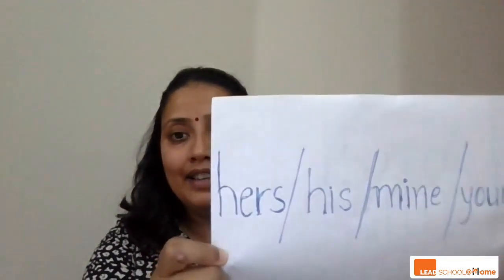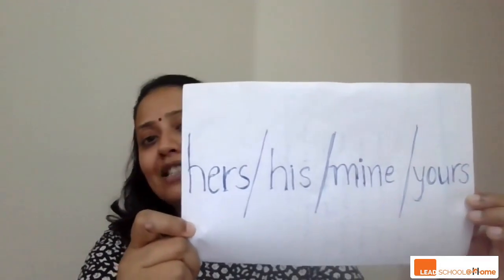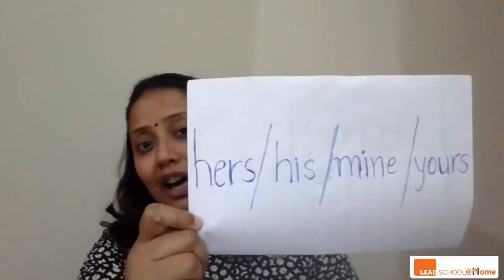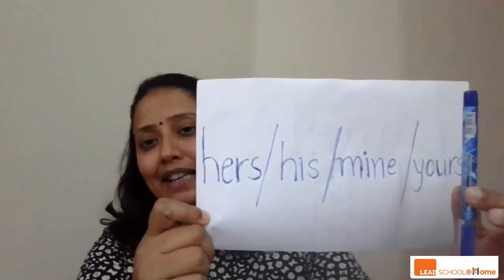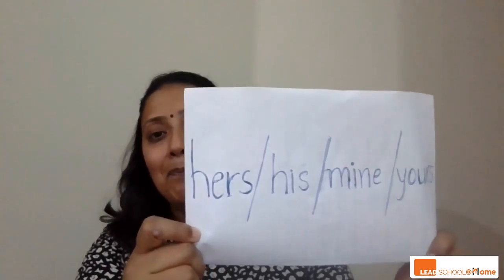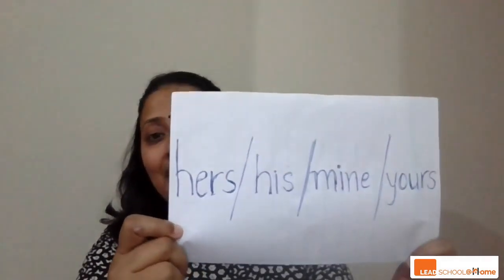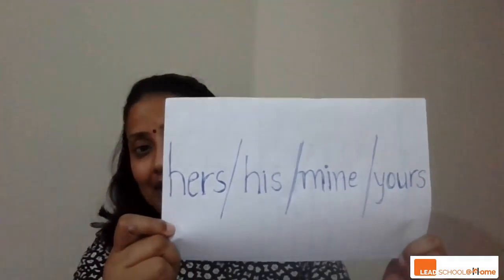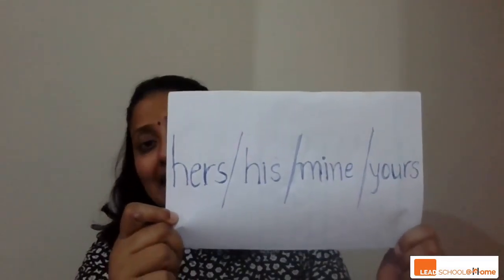Hers, his, yours, or mine. So if I were to ask, whose pen is this? Your answer would be, this pen is hers. This pen is hers, right? Or this pen is his.